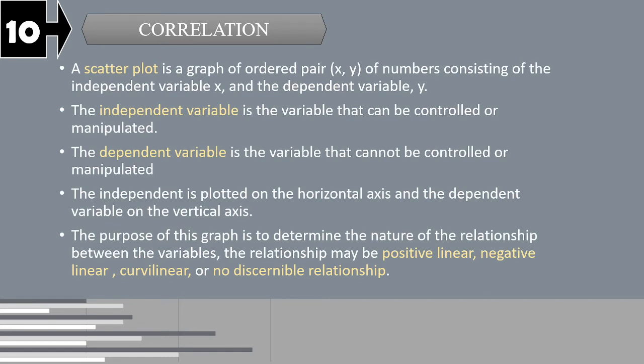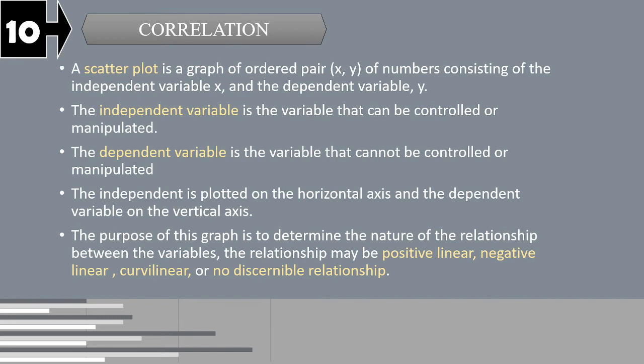A scatter plot is a graph of ordered pairs x and y of numbers consisting of the independent variable x and the dependent variable y. The independent variable is the variable that can be controlled or manipulated. The dependent variable is the variable that cannot be controlled or manipulated.